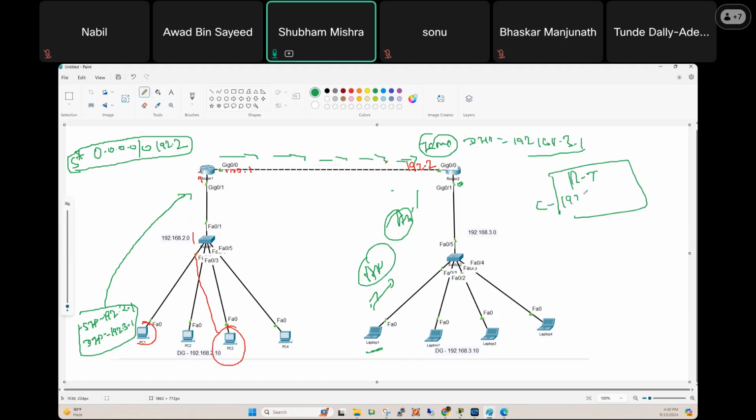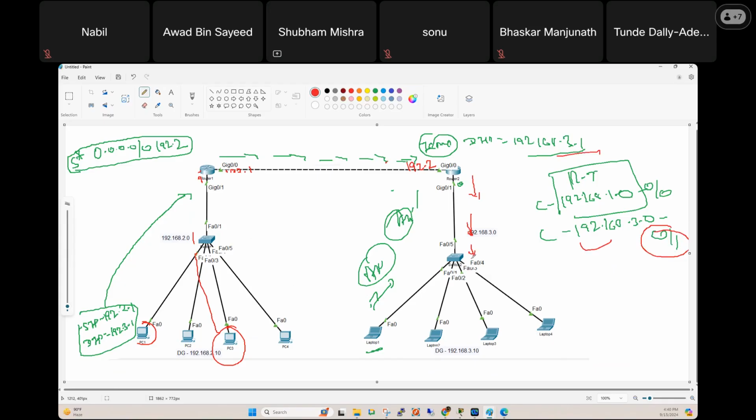First, 192.168.1.0, and second, 192.168.3.0. This network is connected on gig 0/0 and this network on gig 0/1. The router finds that 3.1 is connected on interface 0/1, and forwards this packet towards here.